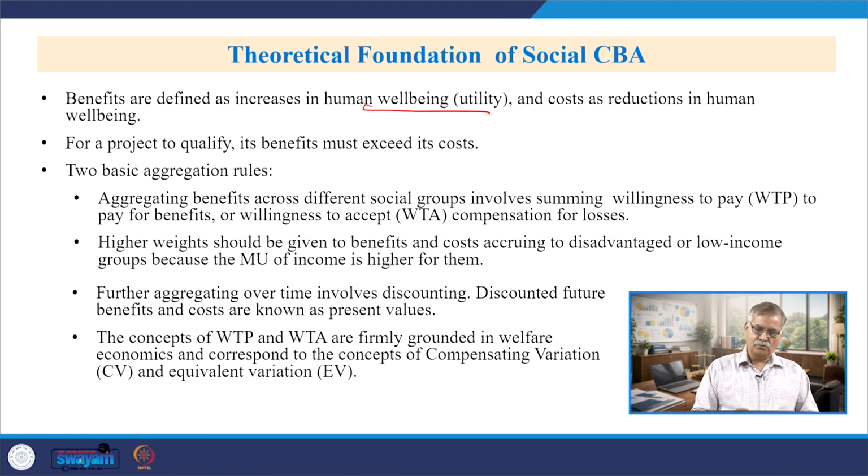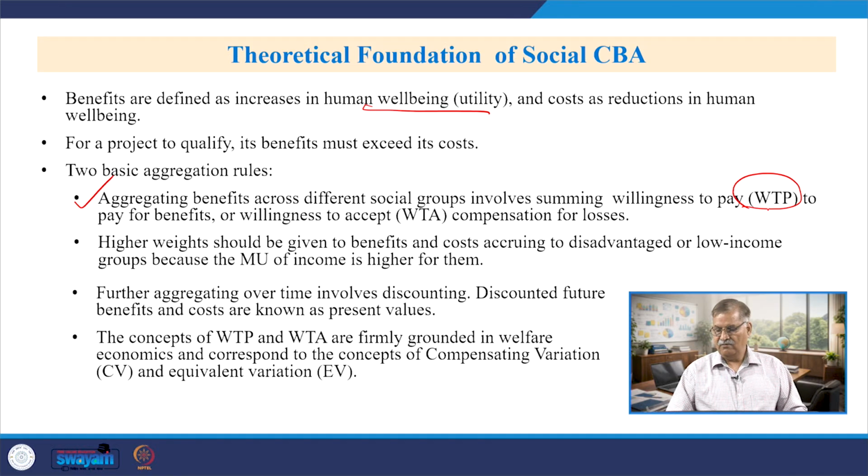For a project to qualify, its benefit must exceed the cost to be borne by the society. And here there are two basic aggregation rules. First is aggregating benefit across different social groups, involving summing of willingness to pay. This is one important concept: willingness to pay for getting the benefit, or willingness to accept as compensation when your welfare is lost.